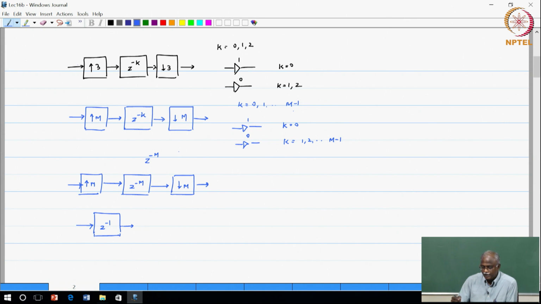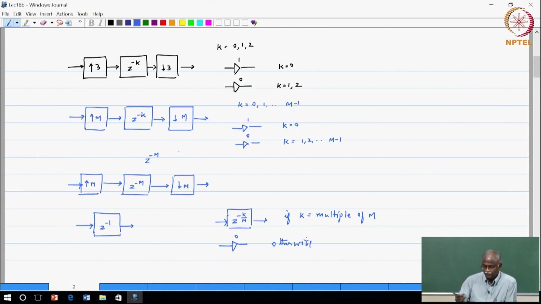So any multiple of m is also okay for k, but it will come out to be z power minus k over m if k is a multiple of m, and equal to 0 otherwise.